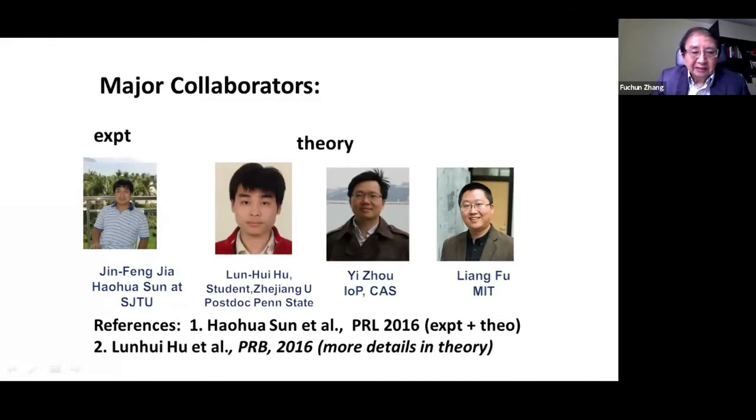The second one is my former student, Longhui Hu, currently a postdoc at Penn State. And my former colleague, currently at IOP, Chinese Academy of Sciences, Yi Zhou, also worked together with Liang Fu at MIT.